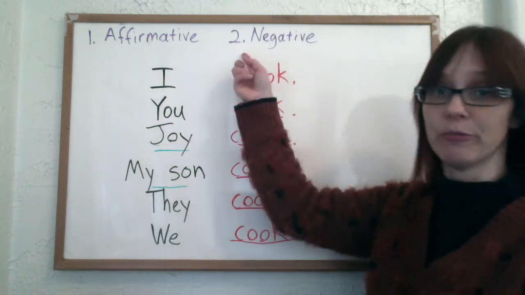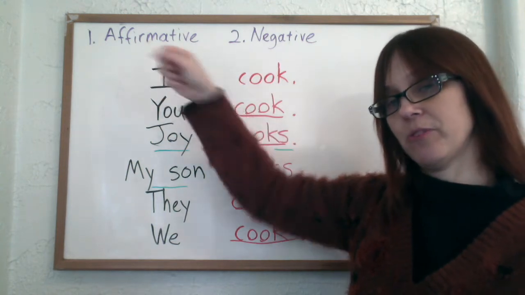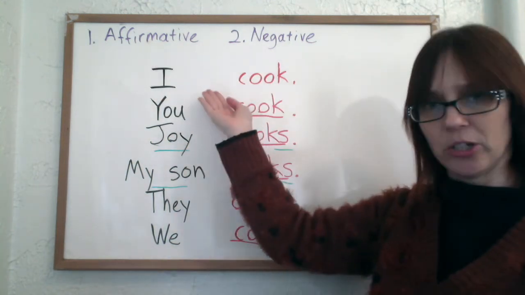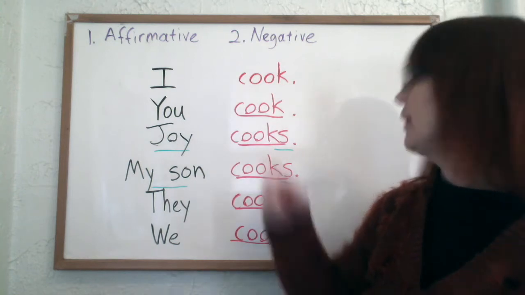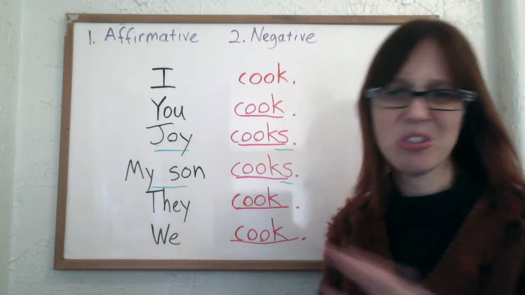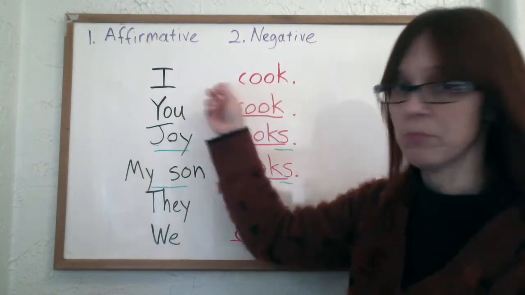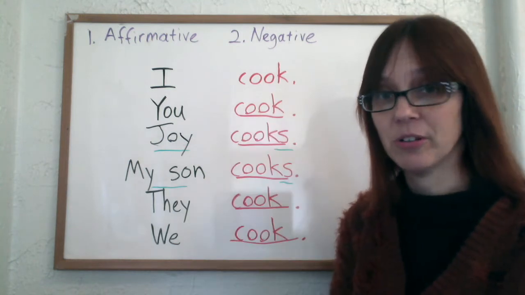So that's the second form. Number one is affirmative. That means yes, I cook. And number two is negative. I don't cook. So I'm going to make these negative.